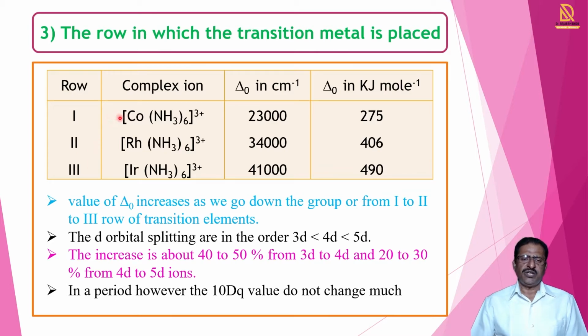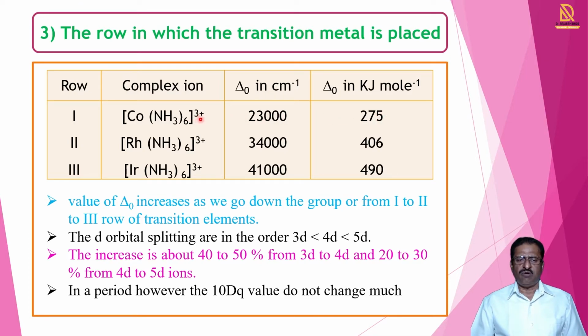From these, we take [Co(NH3)6]3+, [Rh(NH3)6]3+, and [Ir(NH3)6]3+. We see their delta O values, in cm^-1 and in kJ mol^-1, and we consider the kJ mol^-1 values.